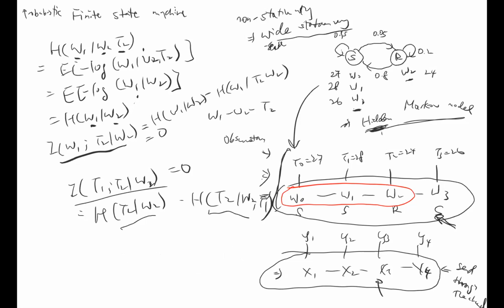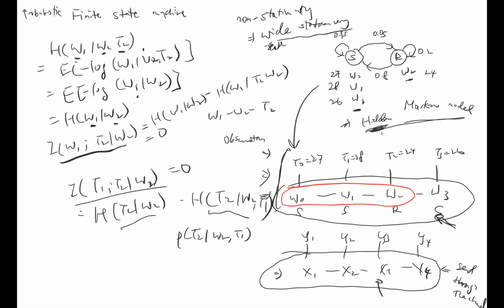Basically I need to show this P(T2 | W2, T1). Yeah, it's a bit elaborate to show that, but it's not hard to show.